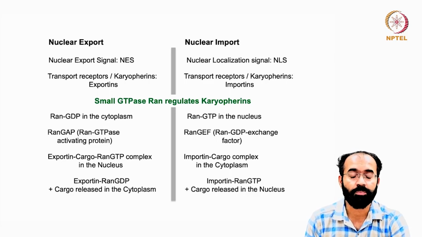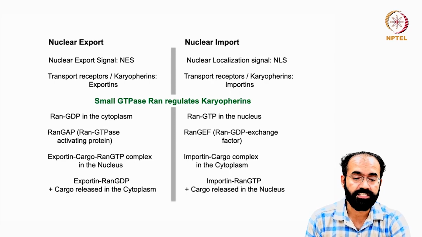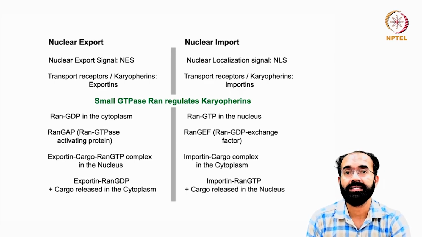So the nuclear export signal is written as NES and the nuclear import signal is NLS, and the transport receptors for export are mainly karyopherins and exportins, whereas for import they are karyopherins and importins, and they both utilize the small GTPase RAN, which regulates the karyopherins, and we will see how the RAN is cycled more effectively.